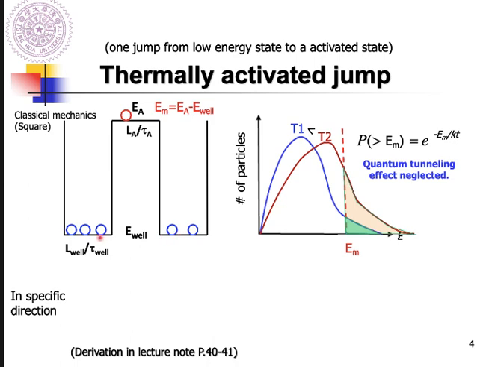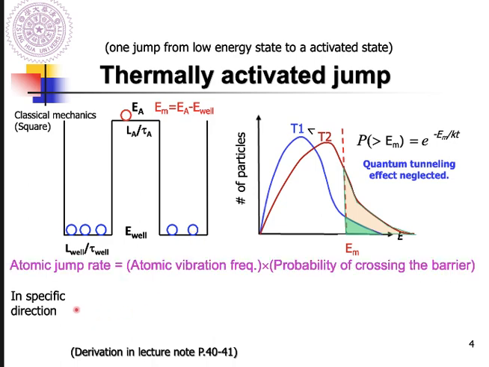For sure you need to overcome this energy barrier, then move to location 2, then down to location 3. Based on this, we can write down the atomic jump rate, which means making a successful jump from here to here, equals the vibration frequency times the probability of the atoms which can cross the energy barrier.